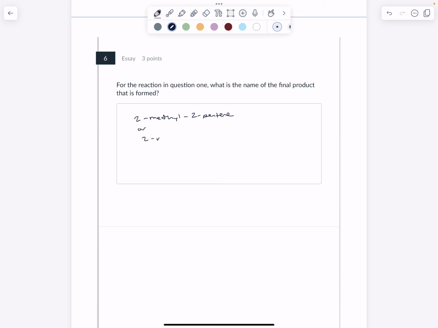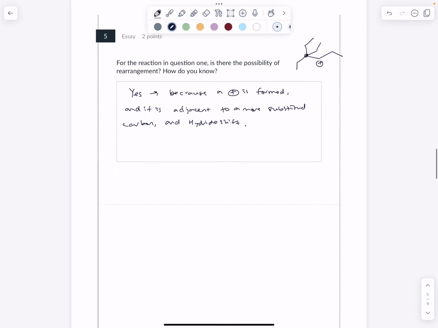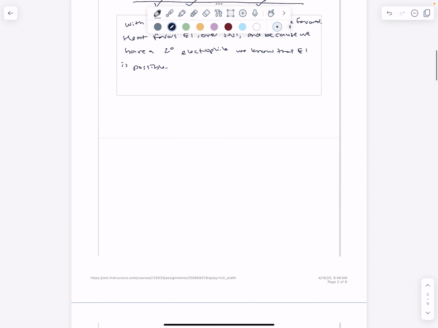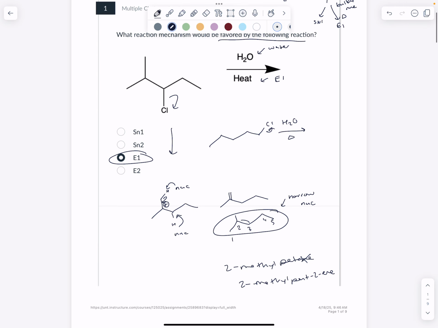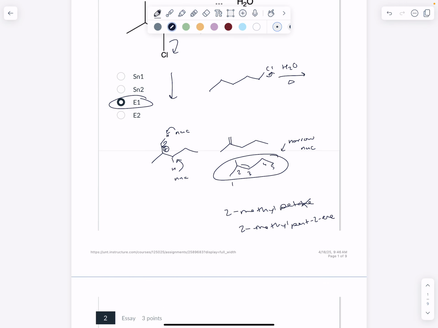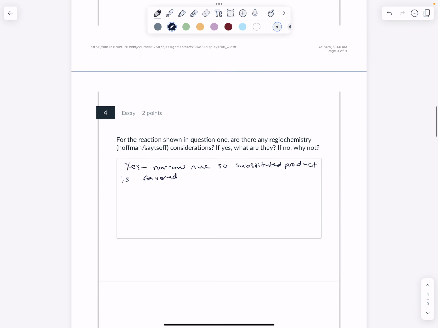And then the other thing you have to consider is, is this E or Z? But actually, because these two groups are the same, we don't have to worry about that in this case.